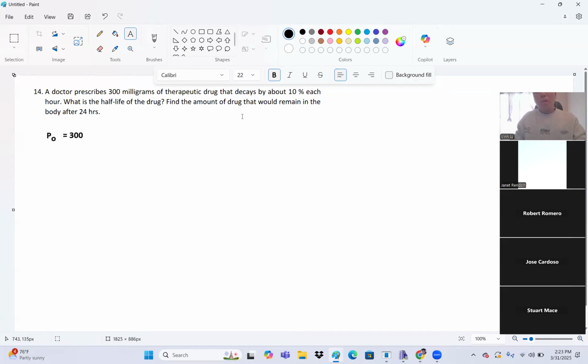It's gonna decay like 10% each hour. So decay 10% each hour. So we're gonna get r equal to 0.1, right? So you want to find the amount of drug that would remain in the body after 24 hours. So t is gonna be 24.